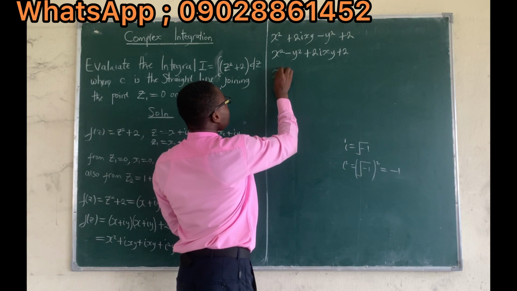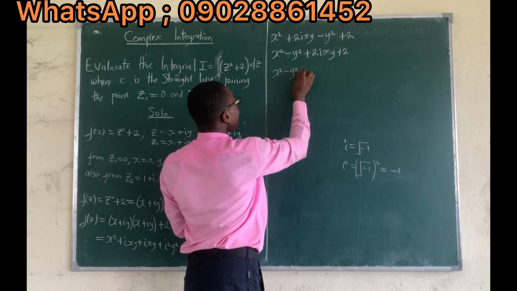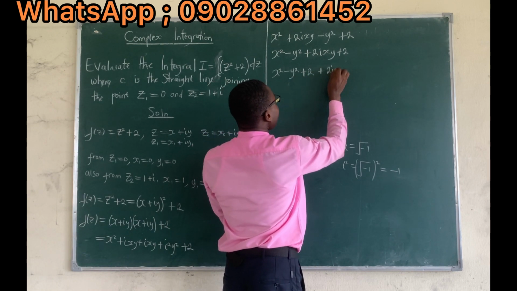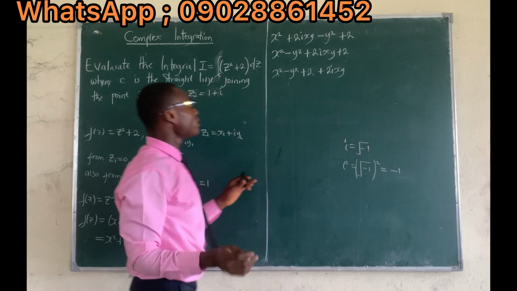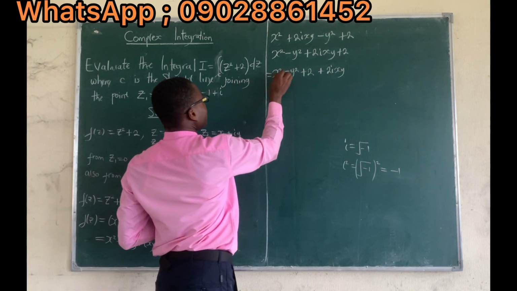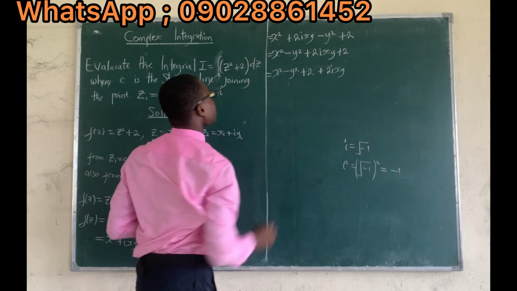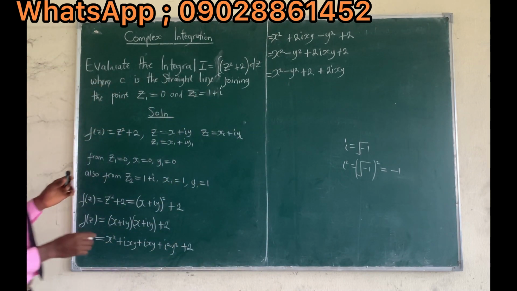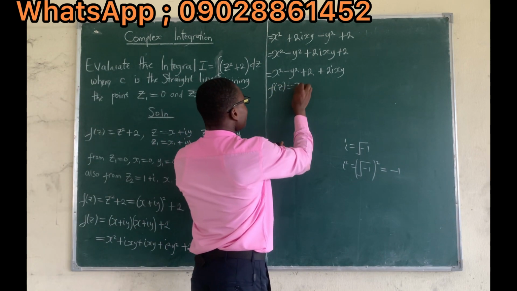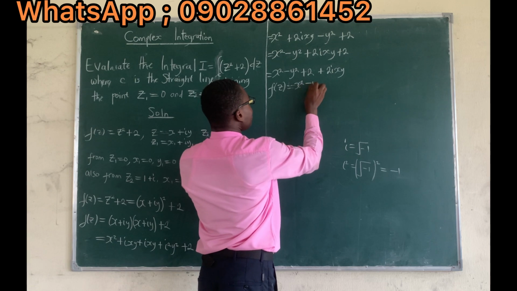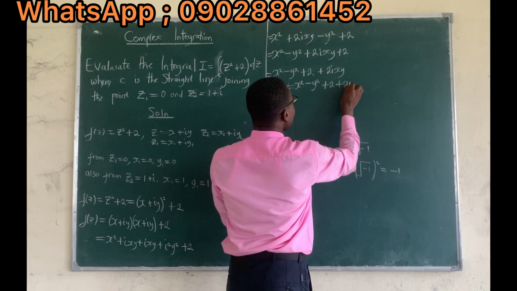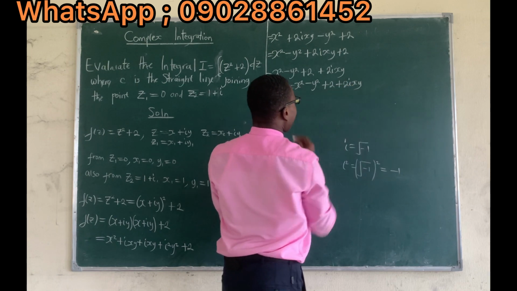We have x squared minus y squared plus 2 plus 2ixy. This is our f of z. So f of z is equal to x squared minus y squared plus 2 plus 2ixy.